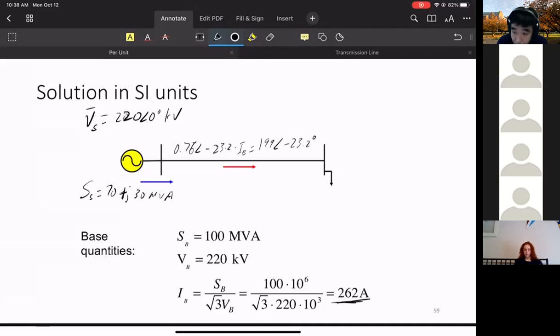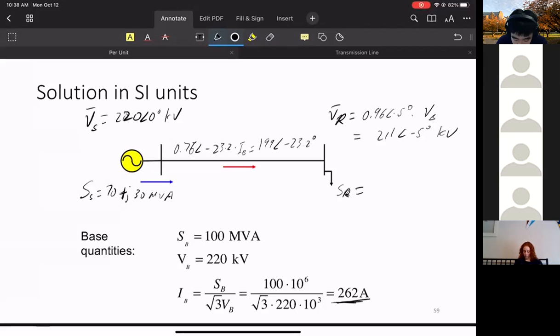Voltage, the same thing. You take whatever voltage we got and multiply by the base voltage. So this is 0.96 angle minus 5 degrees, multiplied by the base voltage. This gives us 211 angle minus 5 kV. Power, the same thing.